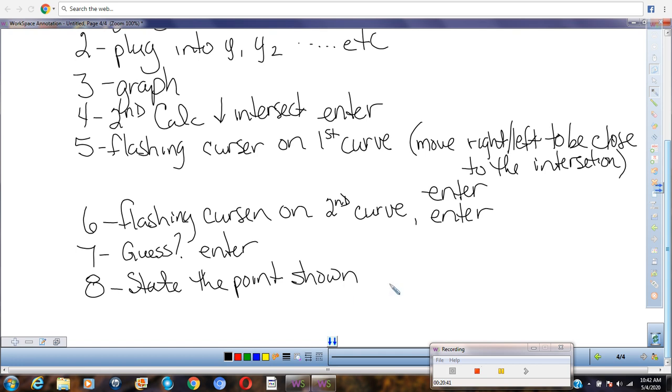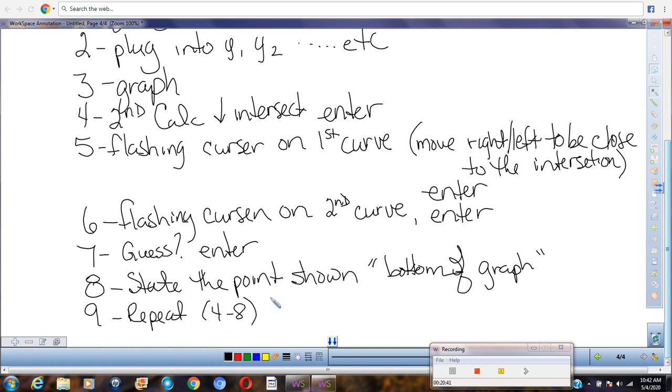It's underneath or at the bottom of the graph. And of course you want to write it as a point. Step 9, repeat this process, so steps 4 through 8, for any other point.